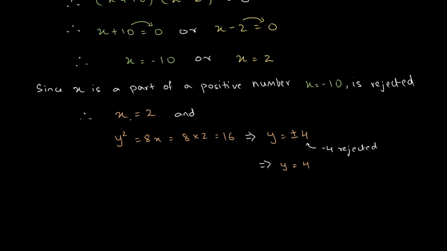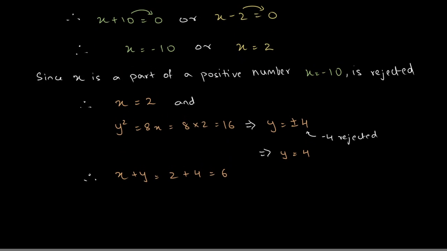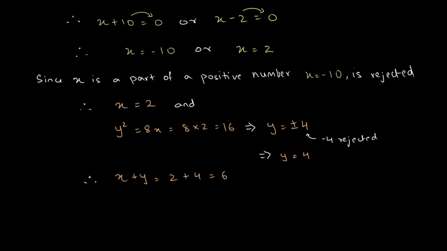Now x is equal to 2 and y is equal to 4. Remember we want to find the value of x plus y, so x plus y is equal to 2 plus 4, which is equal to 6. That is the desired number, for which the two parts are 2 and 4, right?